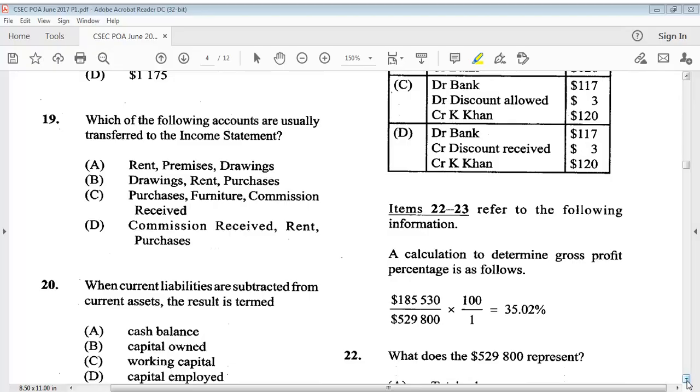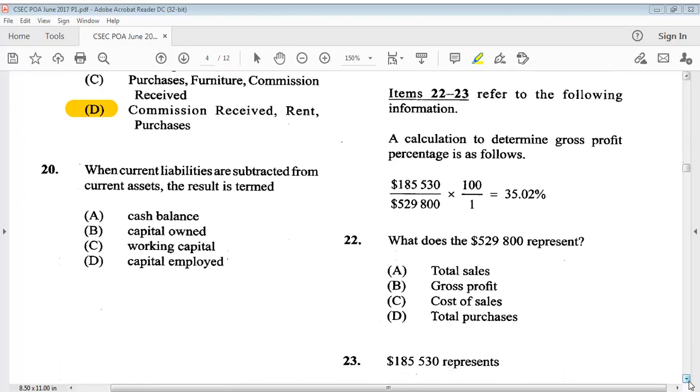We know it is D, commission received, rent, and purchases. Question 20 says, when current liabilities are subtracted from current assets, the result is termed, is it A, cash balance, B, capital owned, C, working capital, or D, capital employed? We know it is C, working capital.